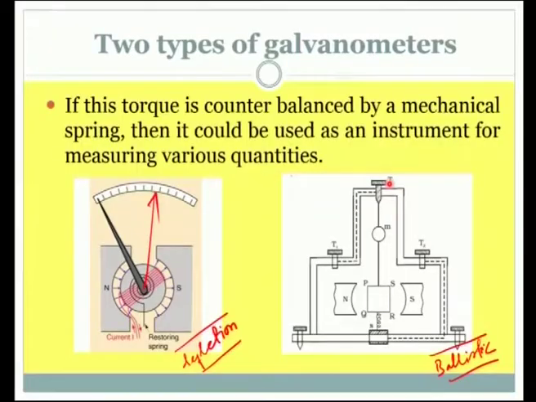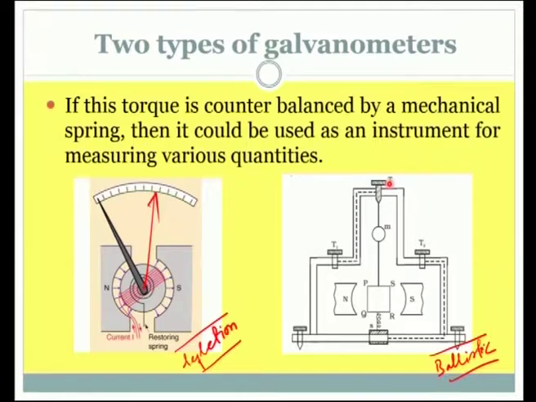For that, a damping mechanism is needed. There are several types of damping mechanisms, like mechanical damping, electromagnetic damping, etc. In mechanical damping, when the deflection is happening, we have some viscous liquid inside.